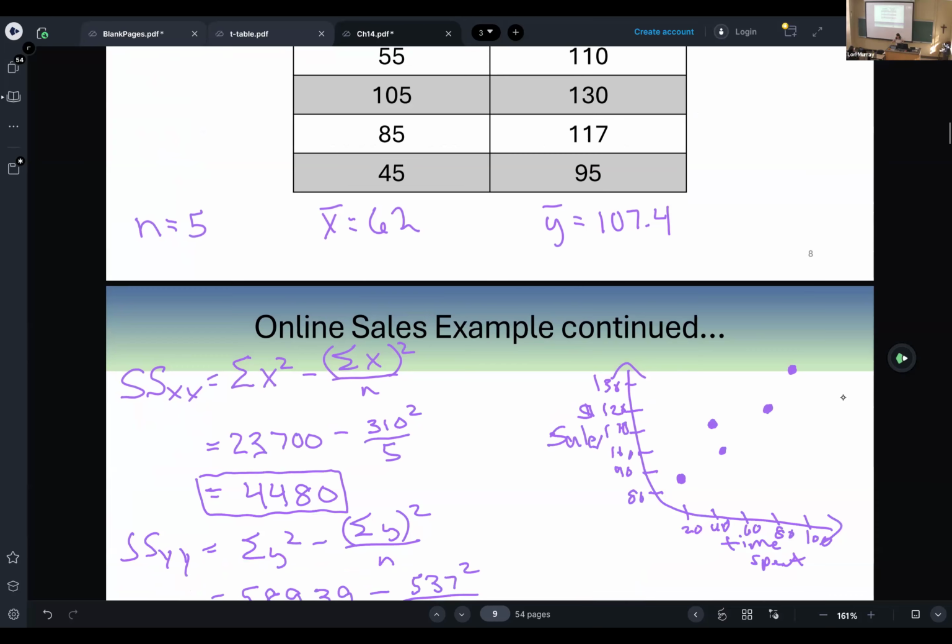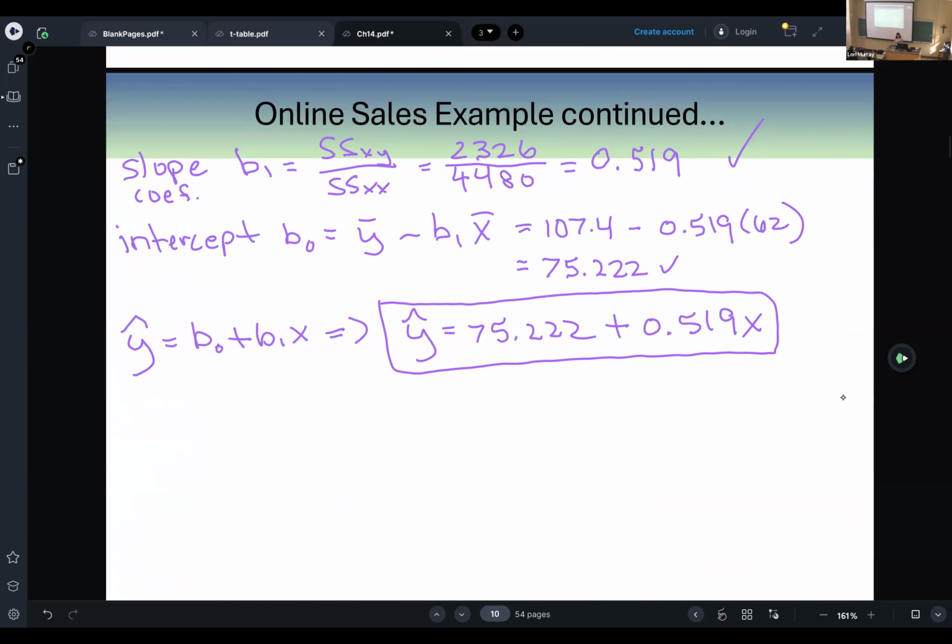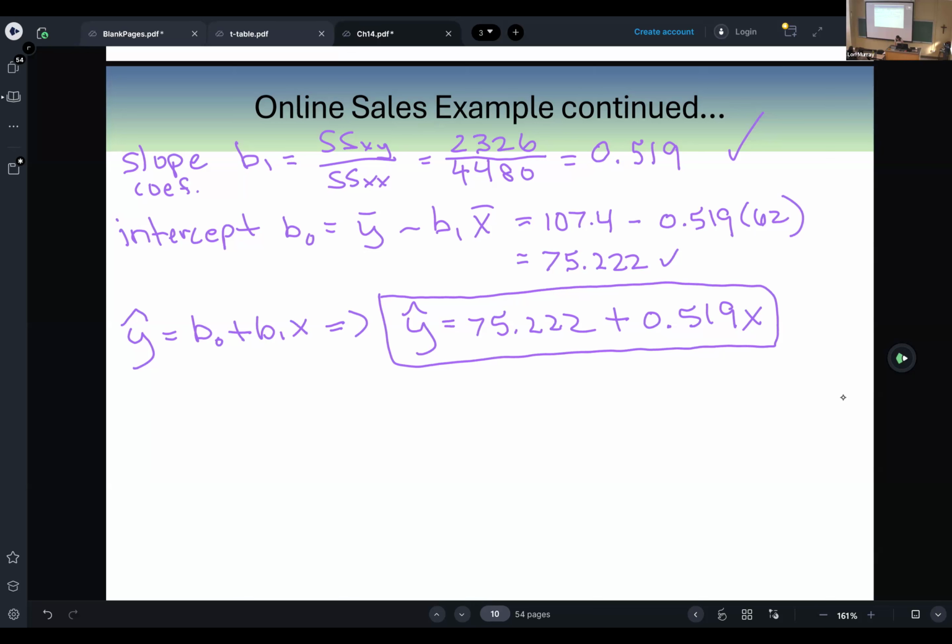You can just sub in 60 and go, okay, 75.222 plus 0.519 times 60. They're going to spend roughly $106.36.